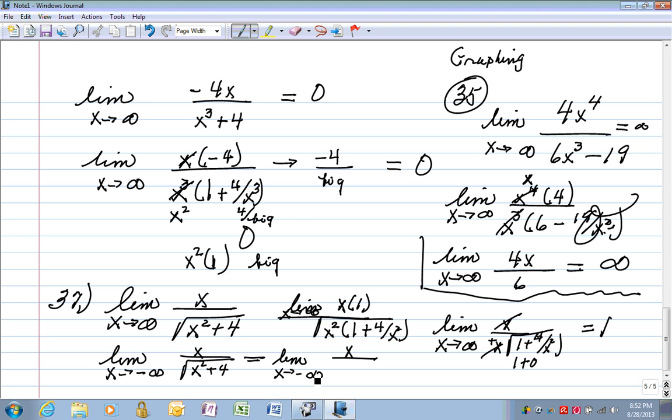But when I factor this out and I have the square root of x squared, I would have to interpret it as a negative x because x is going to negative infinity. So as x gets big, this is 0, so I have my 1. This would cancel with this, so my answer would be negative 1.